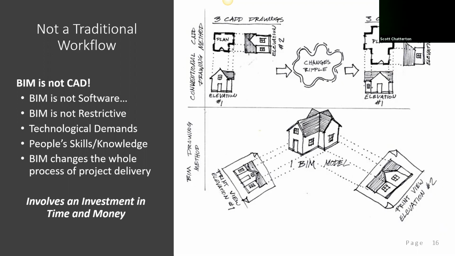The conventional CAD method is make changes on the floor plan, reflect those changes in the elevations, the sections, and the details. With bidirectional associativity with BIM, you update the model and it updates all aspects, the elevations, the sections. You will have to update the details, but the plans, everything else is done because you're working off of one central model. So that can be a challenge, right? I've had architects come to me and go, well, these Revit drawings don't look like my drawings that I produce.